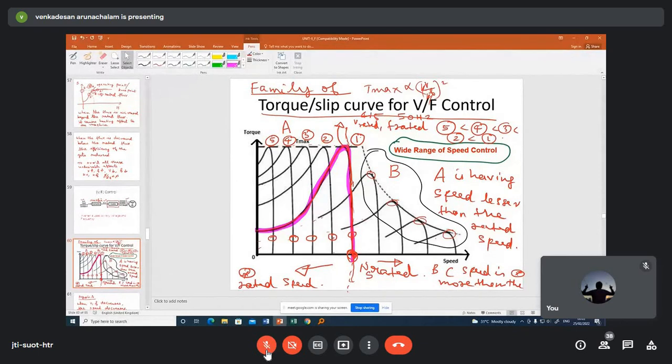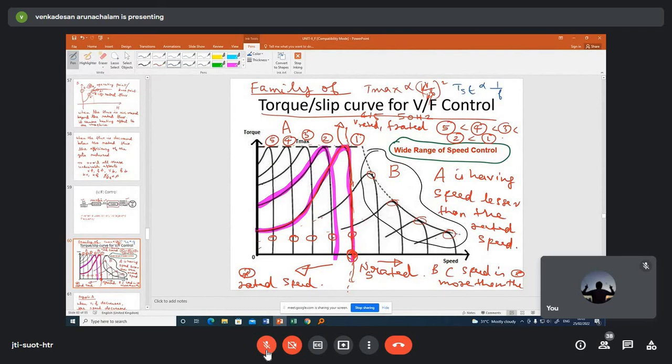Yes. So in the next graph, you decrease the frequency and decrease the voltage also in proportion to each other. This is the graph you will get, graph 2. The starting torque increases, so starting torque is proportional to 1 by F. Maximum torque is proportional to V by F to the whole square.